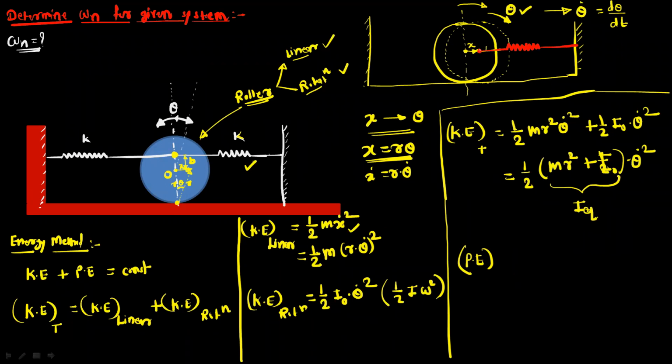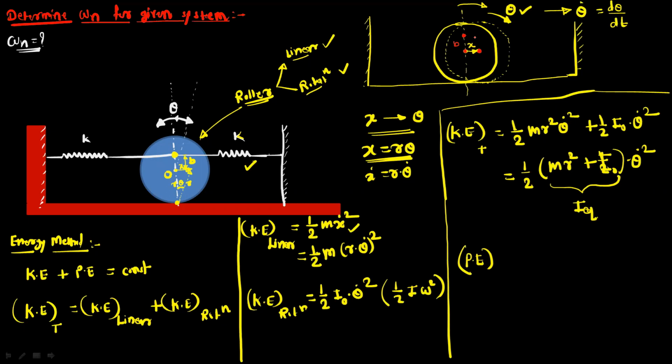Now for very small angular displacement theta, actually the spring is not connected here. It is connected at the eccentric point B, which is at distance b from the center of gravity.